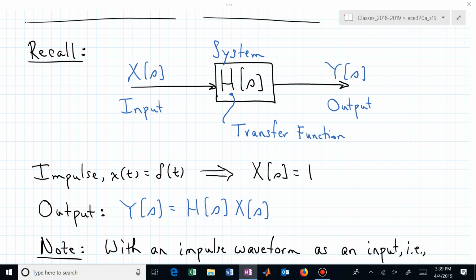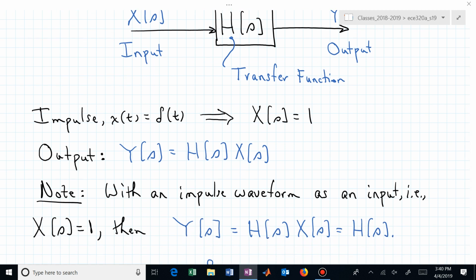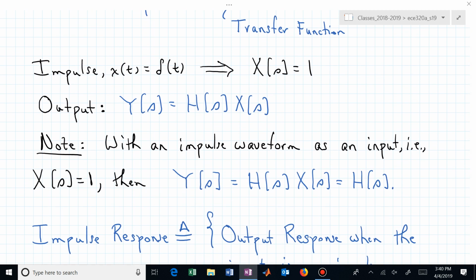So if you want to know what is the output in the time domain, what is little y of t, then you simply have to inverse Laplace transform capital H of s. That's equivalent to inverse Laplace transforming capital Y of s when you've hit your system with an impulse.